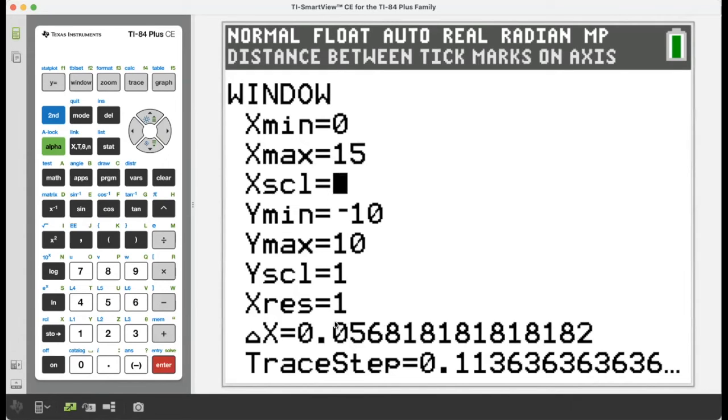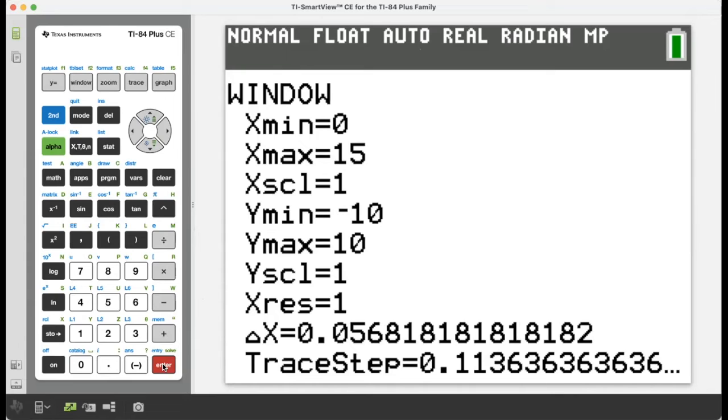Now, the scale is just each tick mark that you see on the graph. I'll show you when we look at the graph. So I'm leaving the scale the way it is. Once again, the flight of the rocket is up in the air, so I don't need negative values for y. Now, the height that it wants us to find is when the rocket is 350 feet above the ground.